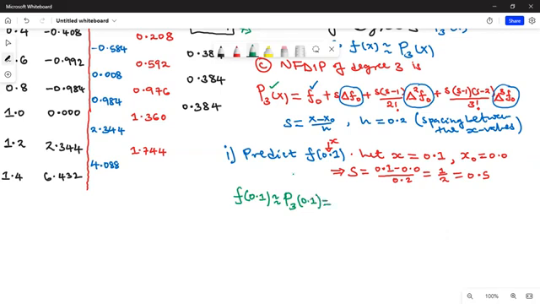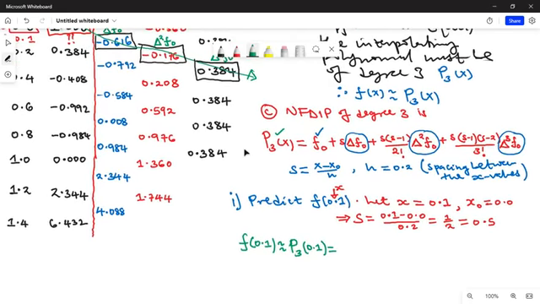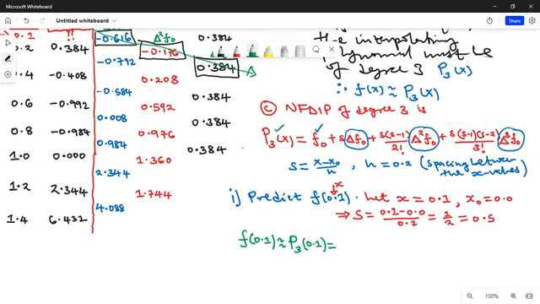So we substitute f naught, referring back to the table. Our f naught is 1. So I write here 1 plus s, which is 0.5, times delta f naught, that is negative 0.616, plus s times s minus 1.